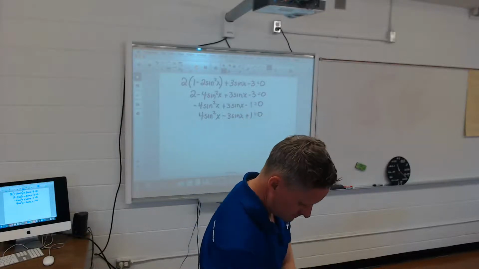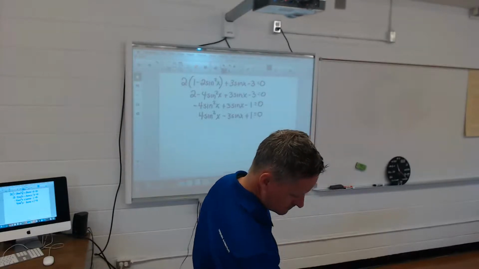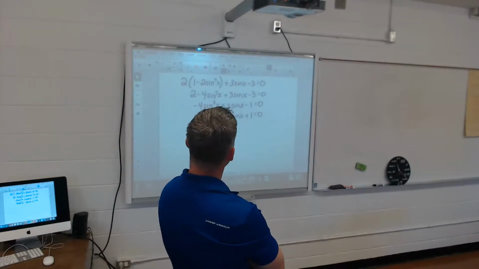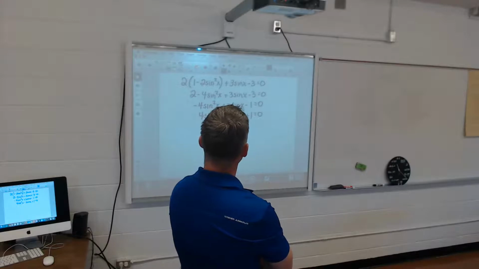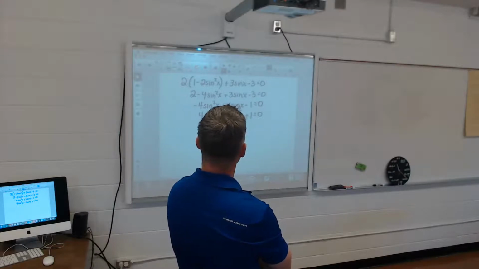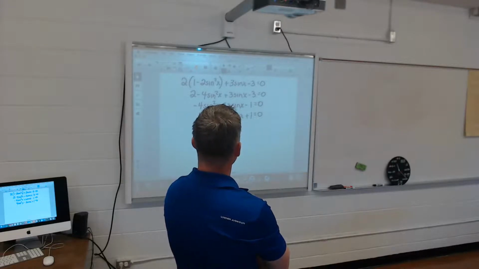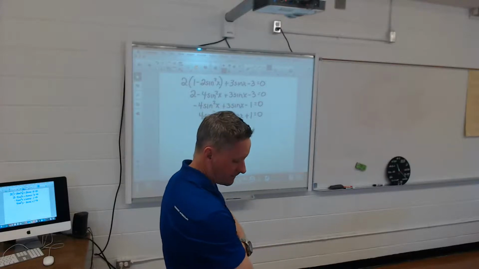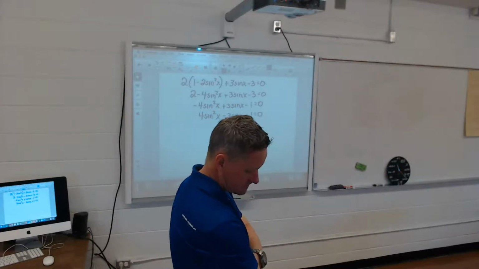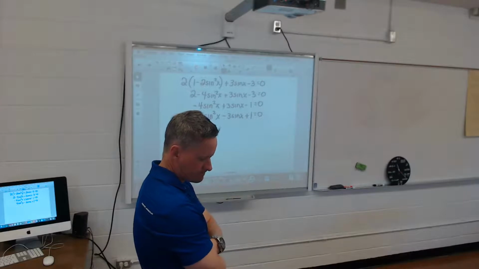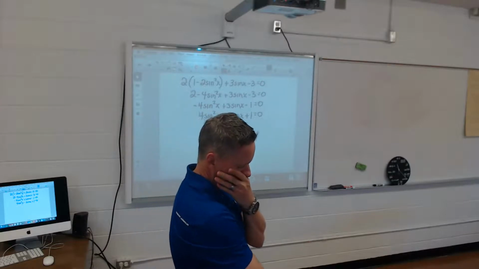And then I added my 2 and my negative 3 together, and I got negative 1 minus 2 sine x squared plus 3. Then I pulled out the common thing, and then you can factor it. There's an error there. But then I got my answer to be sine x is equal to 1, and sine is equal to a half.